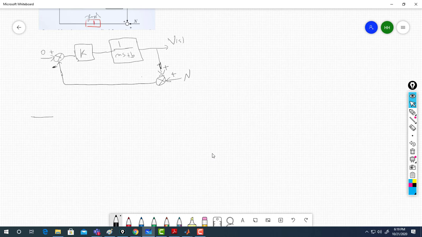I put my n here, and then my v is here. So this is my v. Then here is my minus 1, k, then 1 over ms plus b.